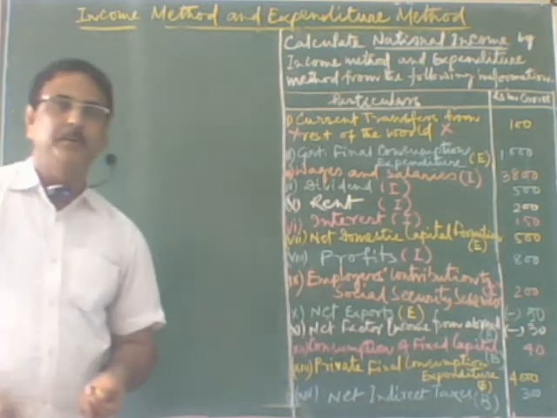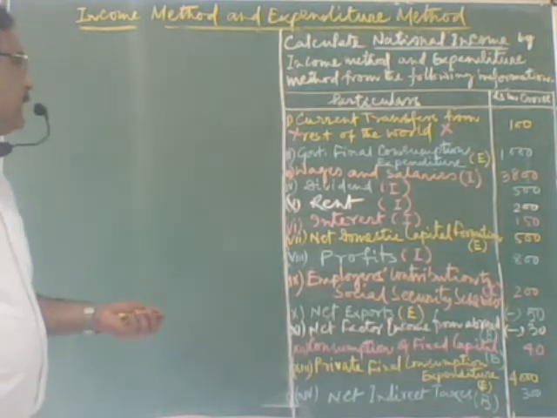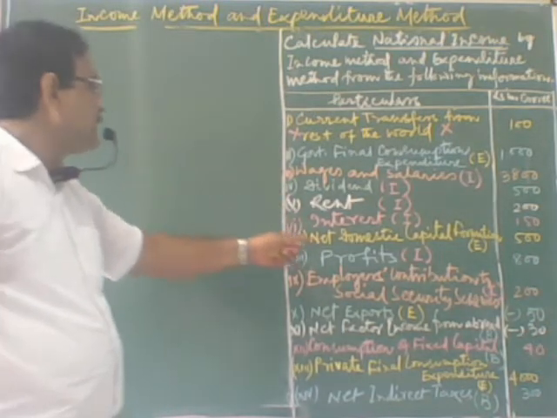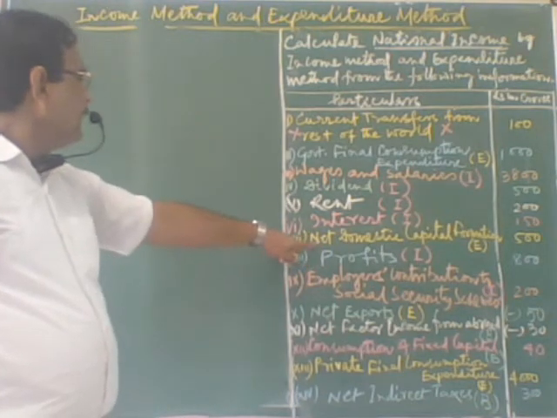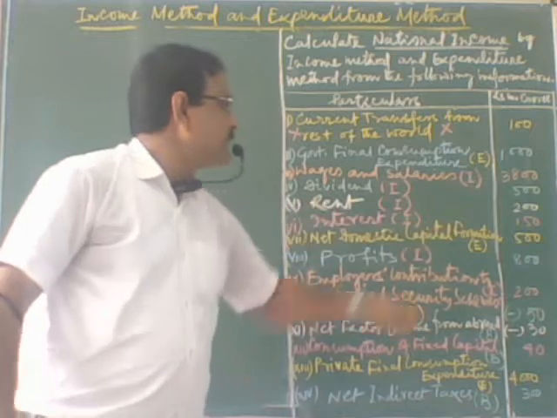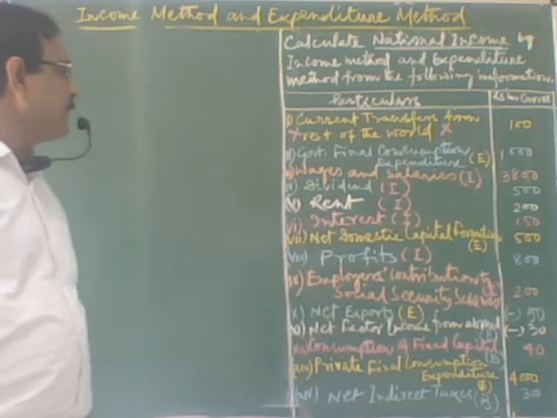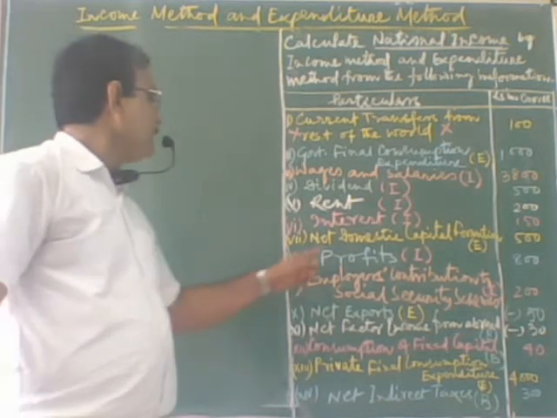Number two: according to this information, net domestic capital formation is given, which is a component of the expenditure method.